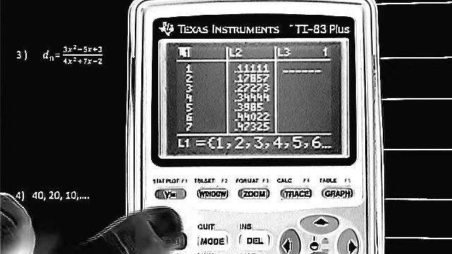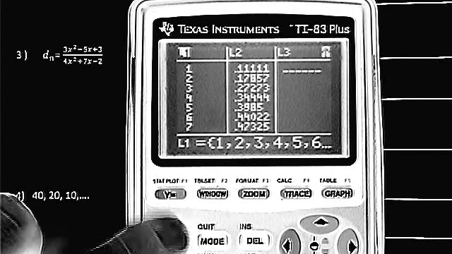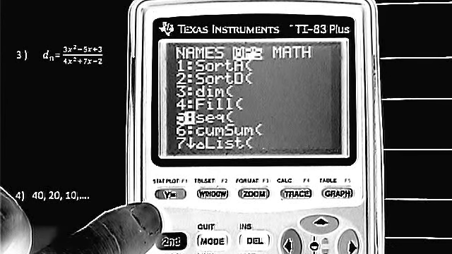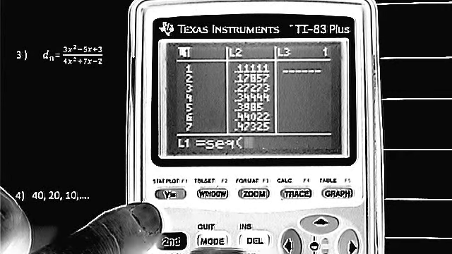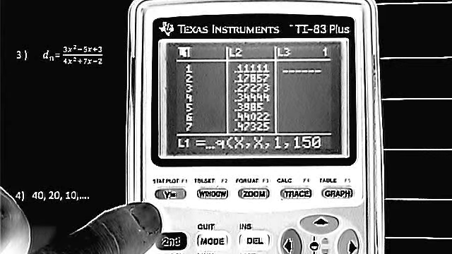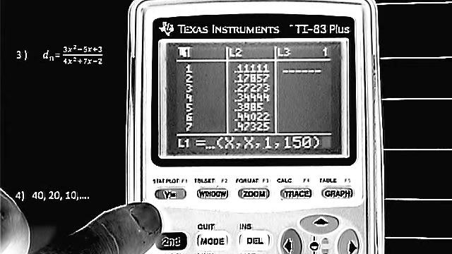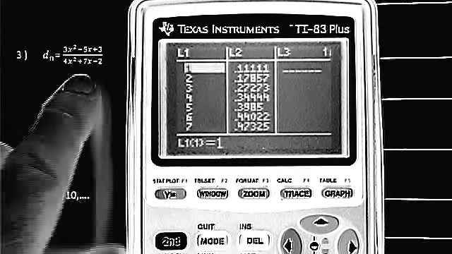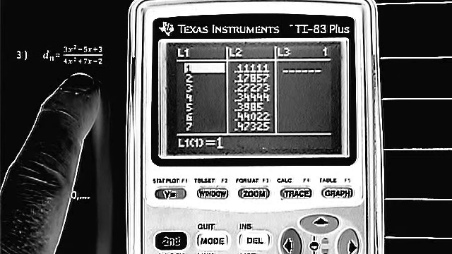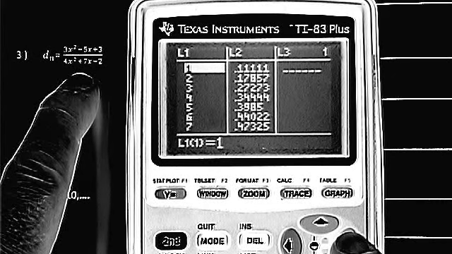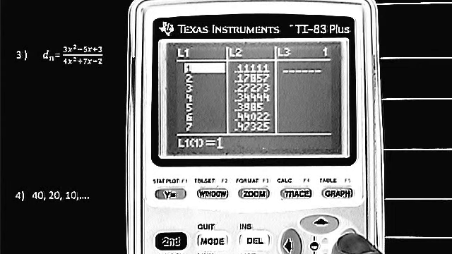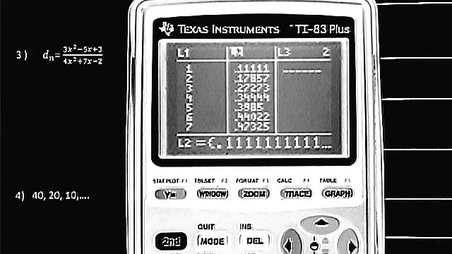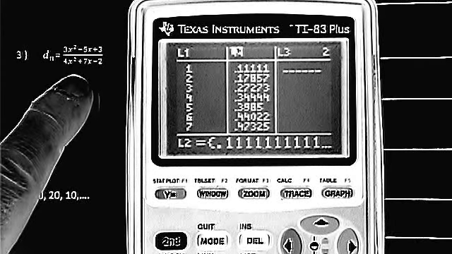Let's go over here and we'll do second, stat, ops, sequence, x comma 1 comma 150. Didn't think I needed to go to 150, but plus you can also plug in 150 into this equation to find the 150th term. But we're gonna do it like we did before.